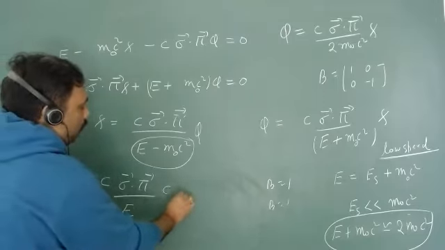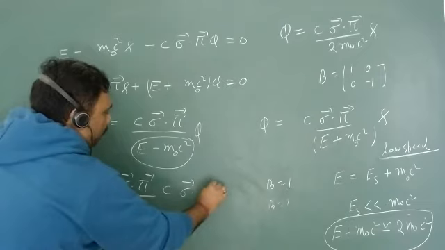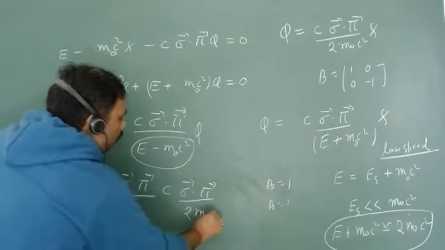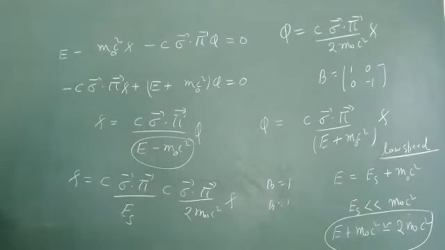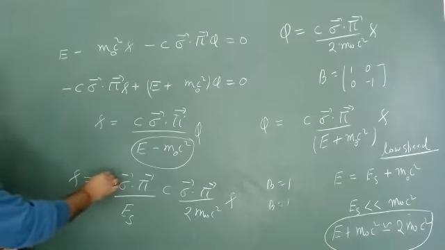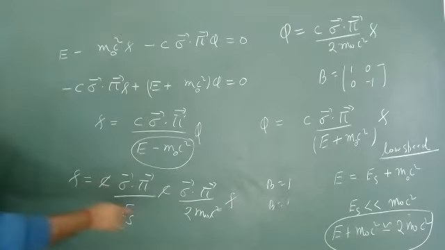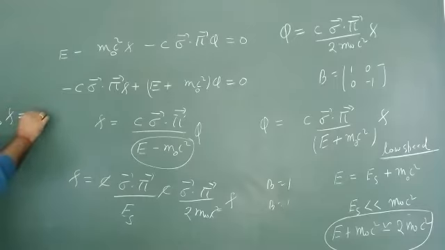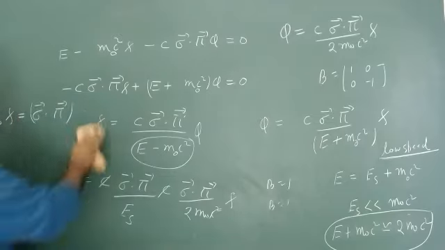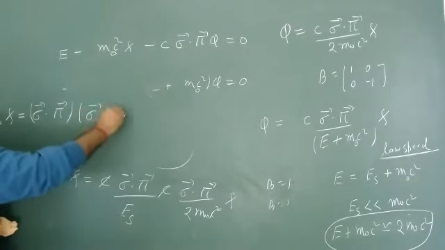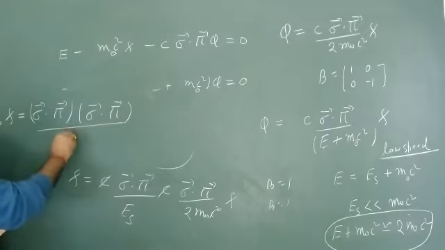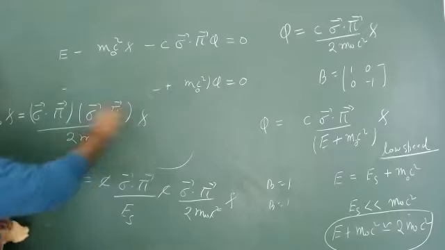So this will be c sigma dot pi upon 2 m naught c square chi. This can be cancelled out, and we have Es chi is equal to sigma dot pi into sigma dot pi by 2 m naught chi.